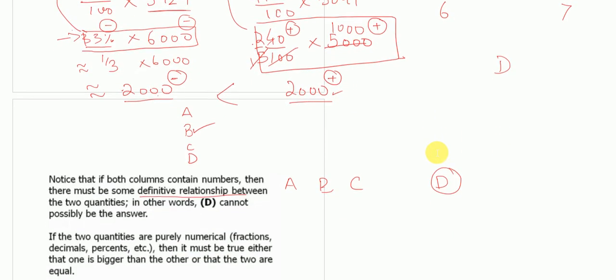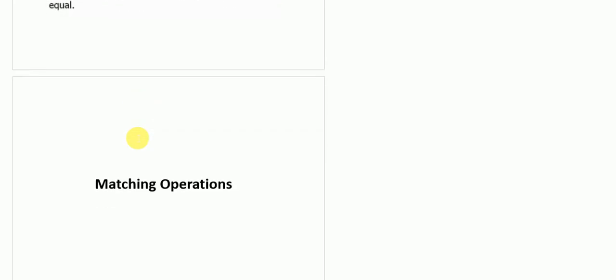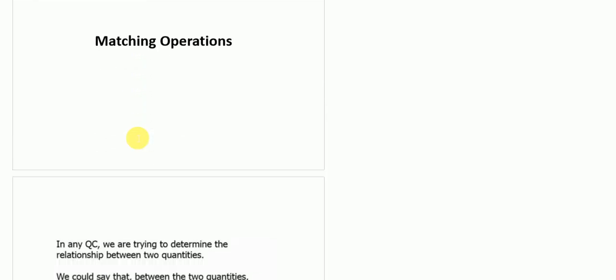So whenever you get two numbers for column A and column B, you can straight away get rid of option D, and then you're only left with 3 options: option A, B and C. All right. So matching operations.